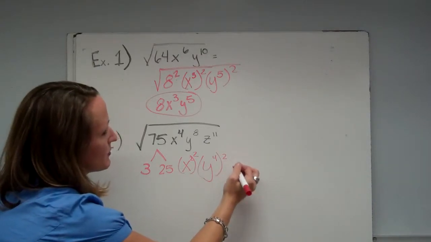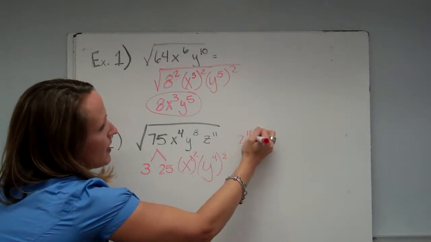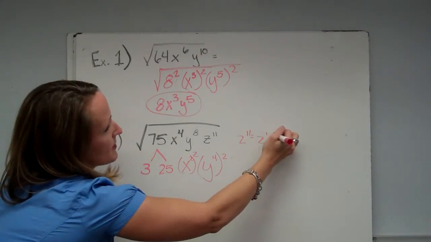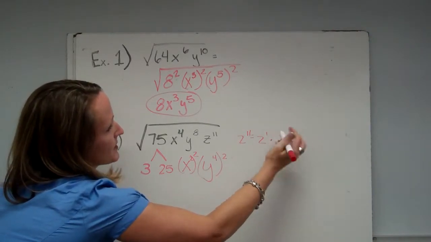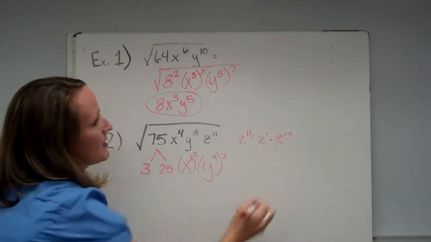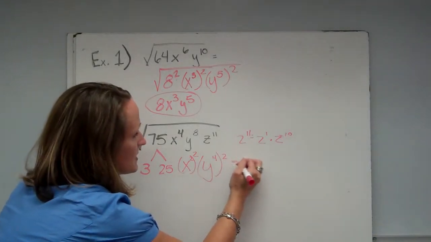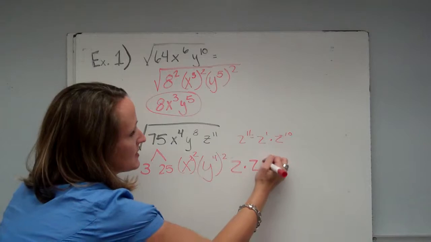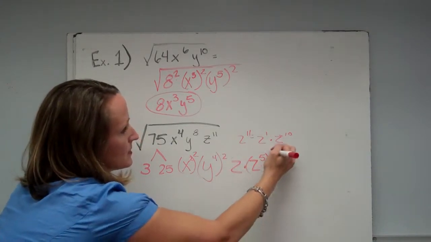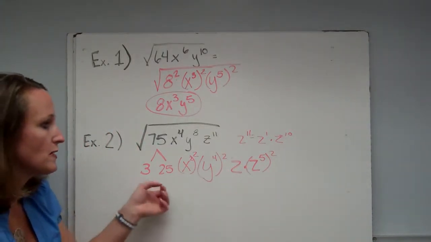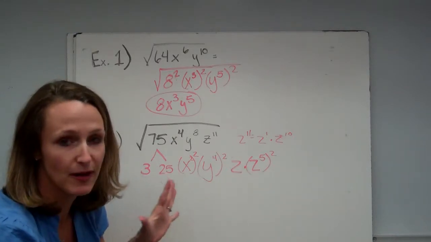Z to the 11th can be rewritten as z to the 1 times z to the 10. And z to the 10 can be written as a perfect square. So I'm going to say this is z times z to the 5th squared.